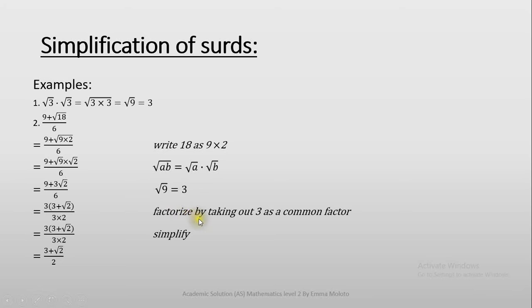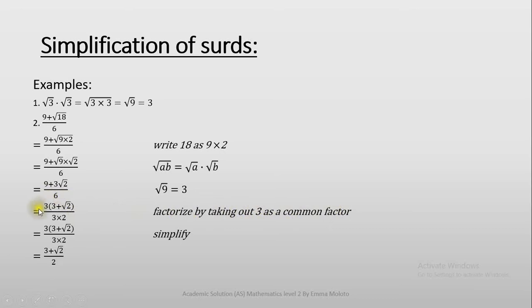And then the next step says factorize by taking out 3 as a common factor. Remember, in the denominator we have 6, so we've changed 6 into 3 times 2. If you punch this in a calculator, it will take you back to 6. So this step says factorize by taking out the common factor.